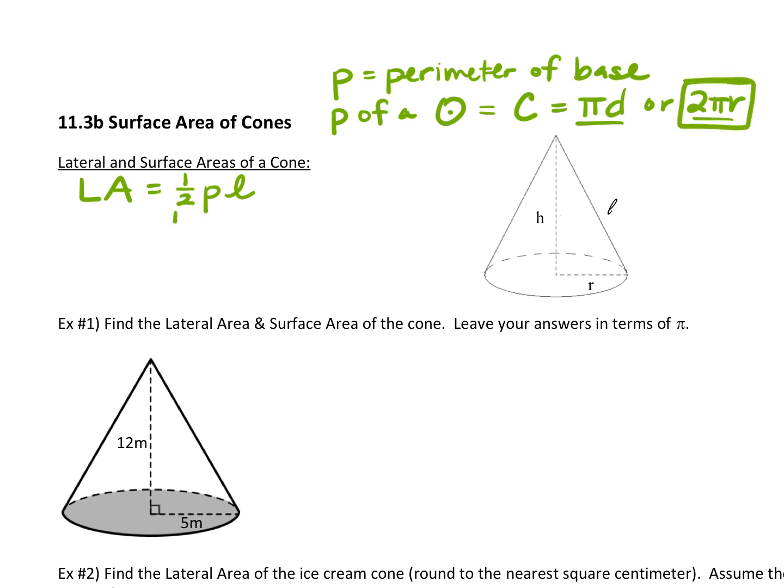Because what happens is you go 1/2 times 2 times pi times r times L. What's 1/2 times 2? 1. So these go away. So the formula that you're going to use for the lateral area of a cone is pi r L. Every time. Pi r L.